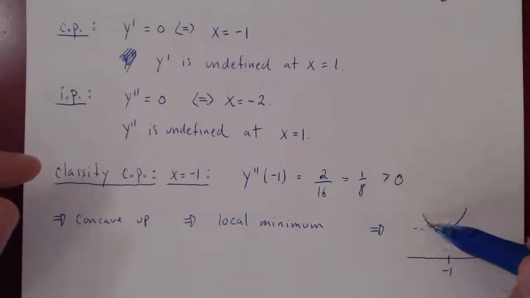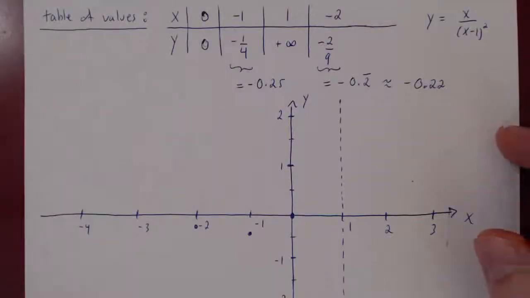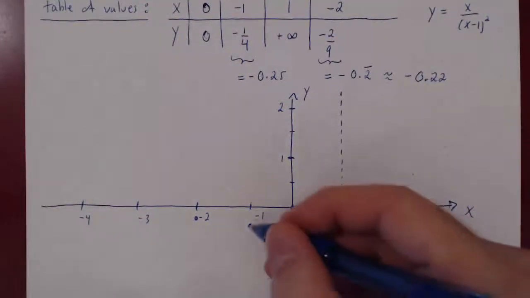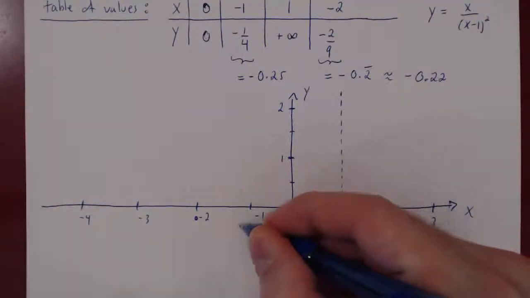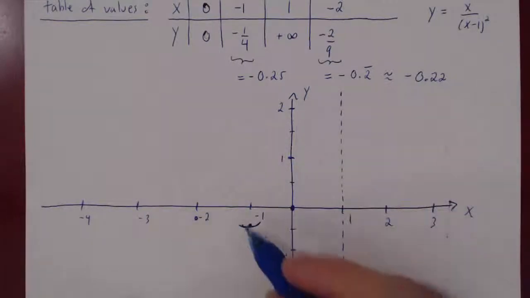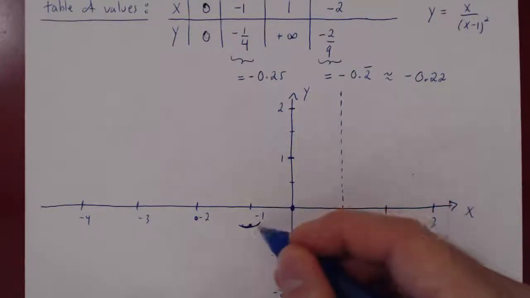So we will piece this picture at the point x equals -1. So the graph will look something like this here. So it's concave up, but because the derivative at -1 was equal to 0, the curve is flat at this point.